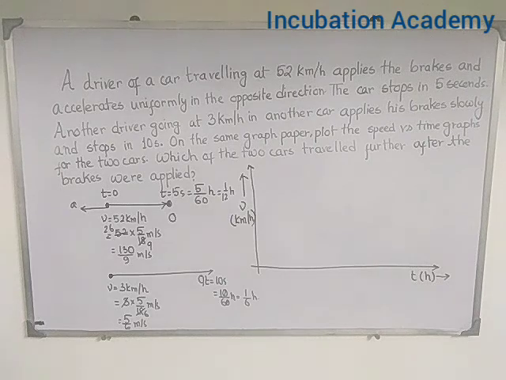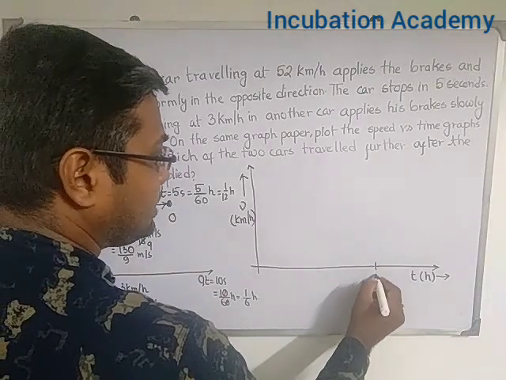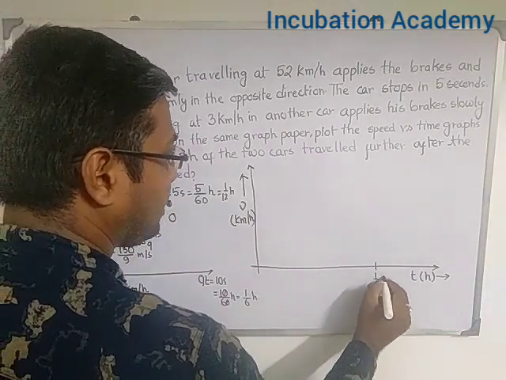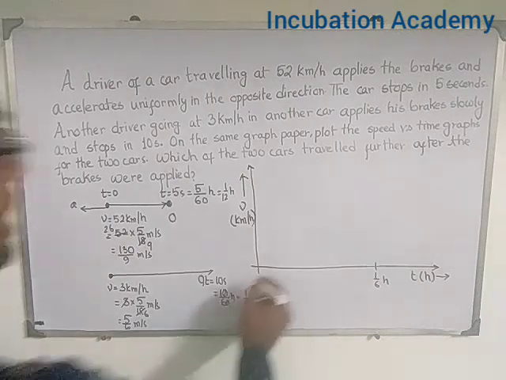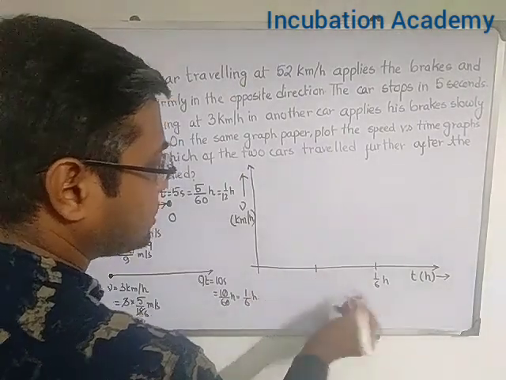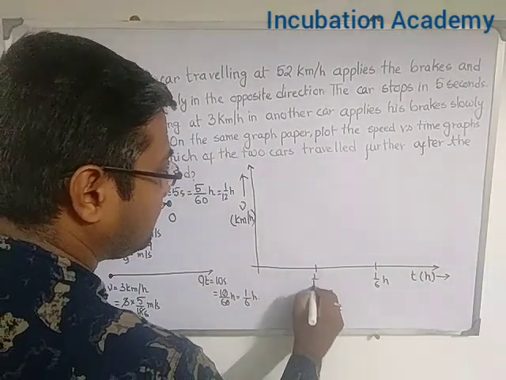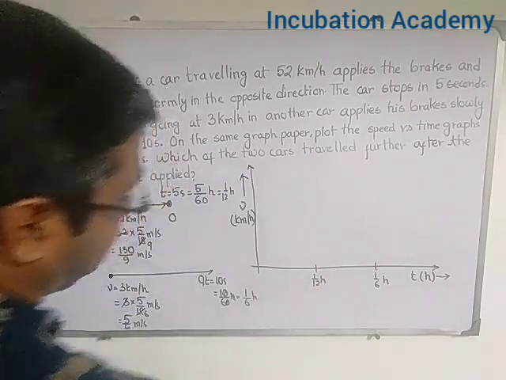That is my choice. So obviously from here, if I say this is 1 by 6 hour, and this is just half of it, that means 1 by 12 hour.